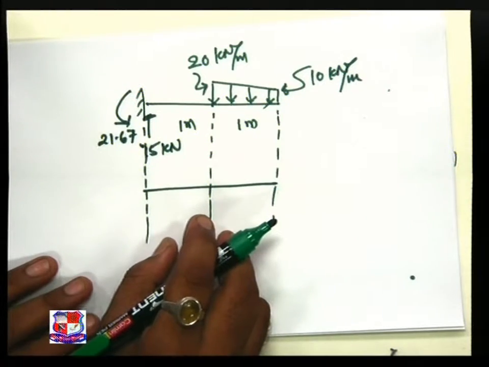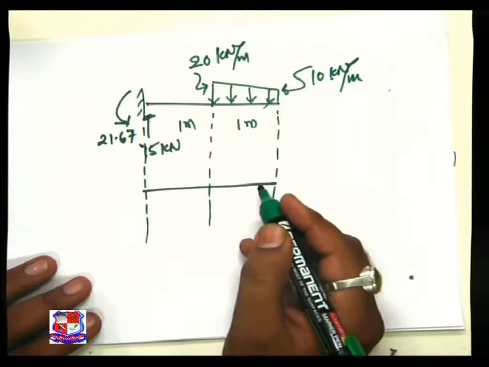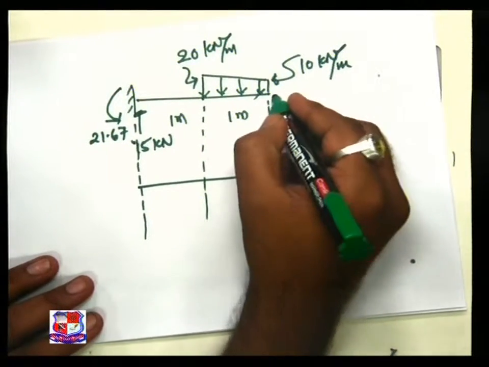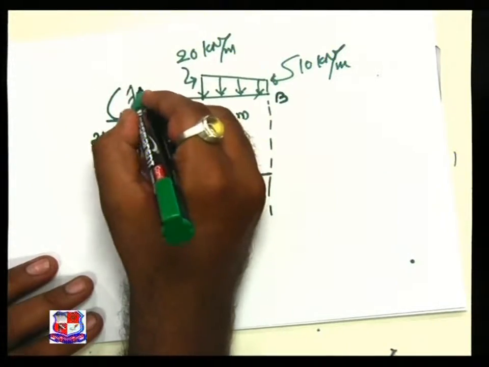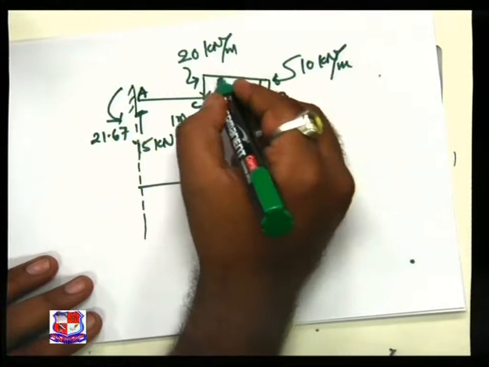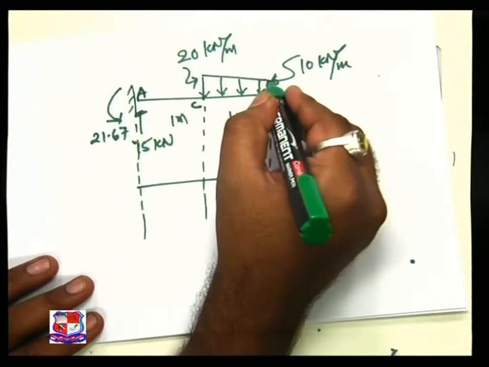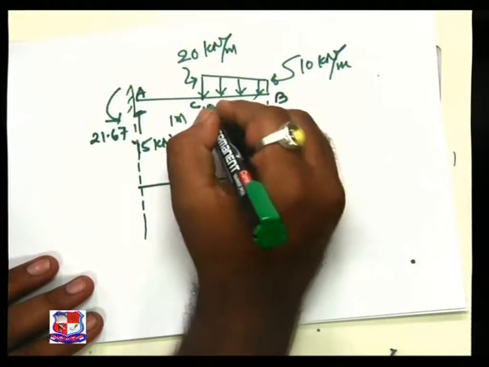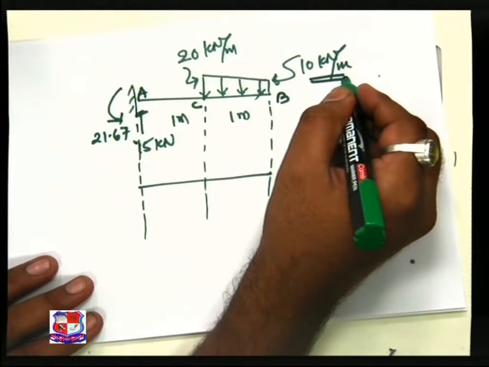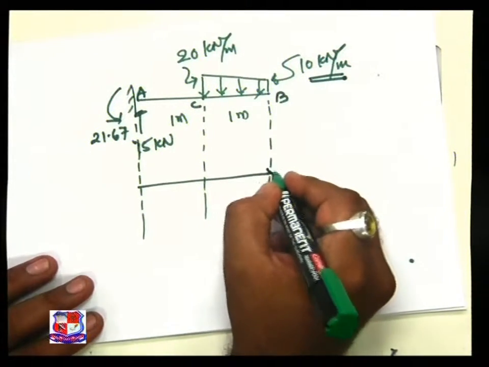Now let us use the fundamentals. At B point, this is A and this is C point, force is acting of UVL nature. So not a single force is acting at B, because this is a UVL, per meter run. Then in this case the value of shear force is 0.